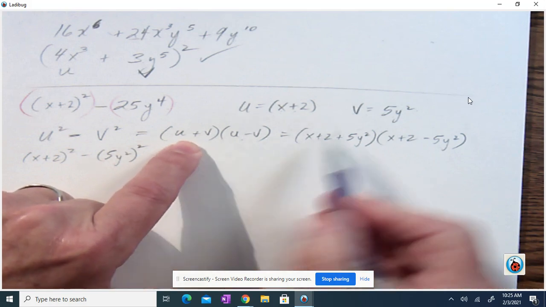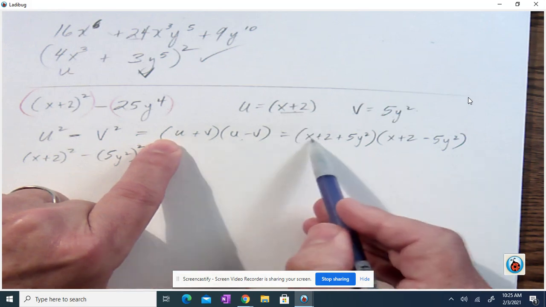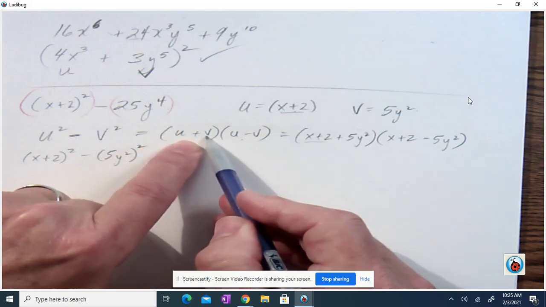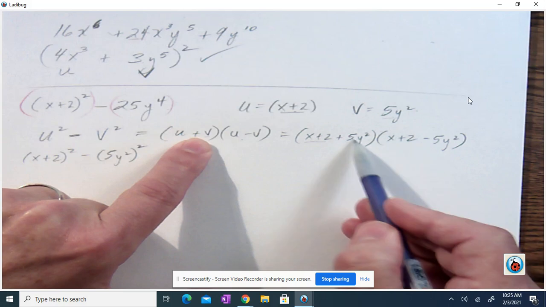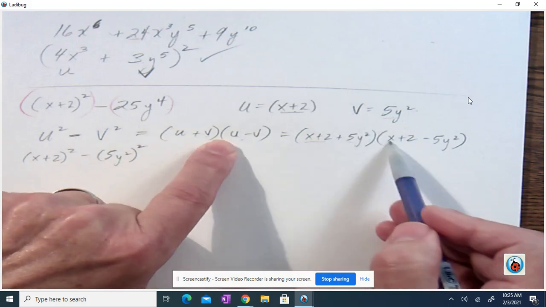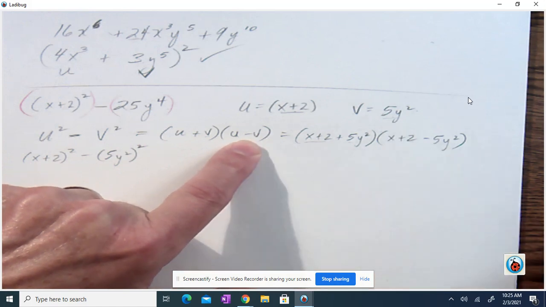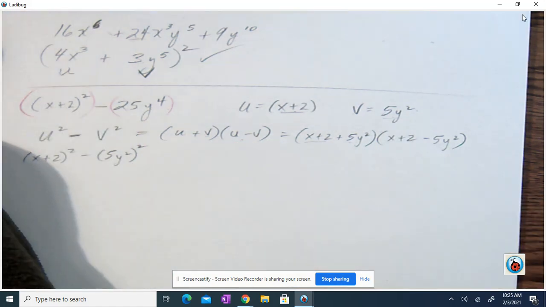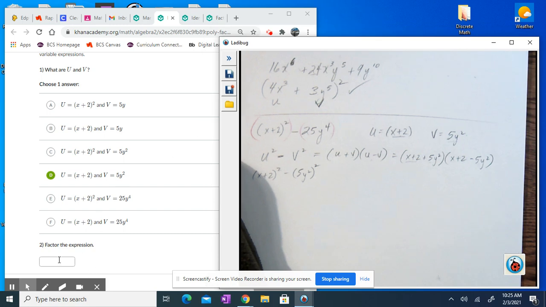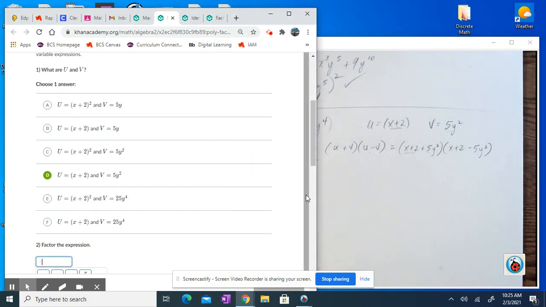Then all I did was I went back and I replaced u with this, right? And I replaced v with this. And I did the same here. I replaced u with x plus 2, and I replaced v with 5y squared. All right. Let's see. Parentheses.